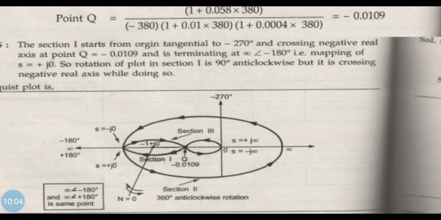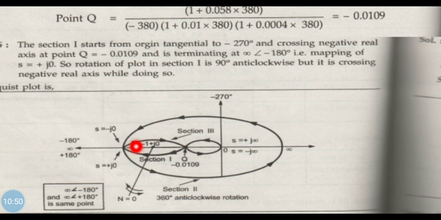Okay, so you can see section 1 starts from the origin, tangential to −270 degrees and crossing the negative real axis at point Q, which is at location −0.0109, and is terminating at infinity at an angle of −180 degrees.